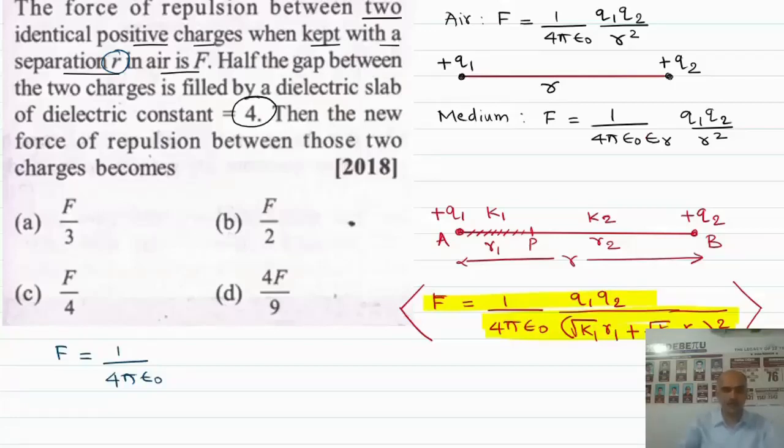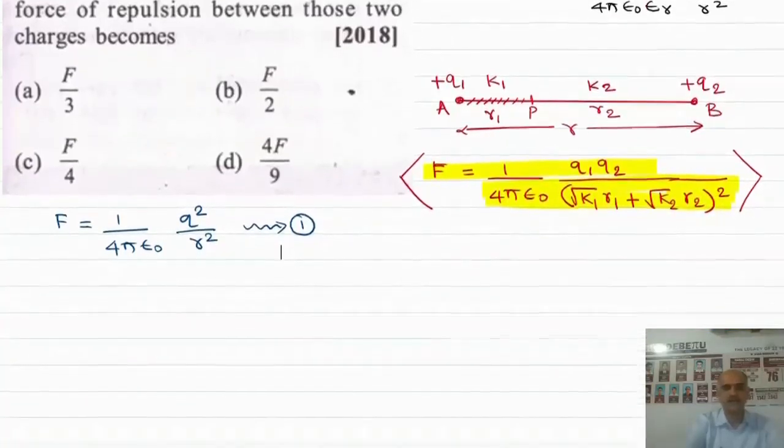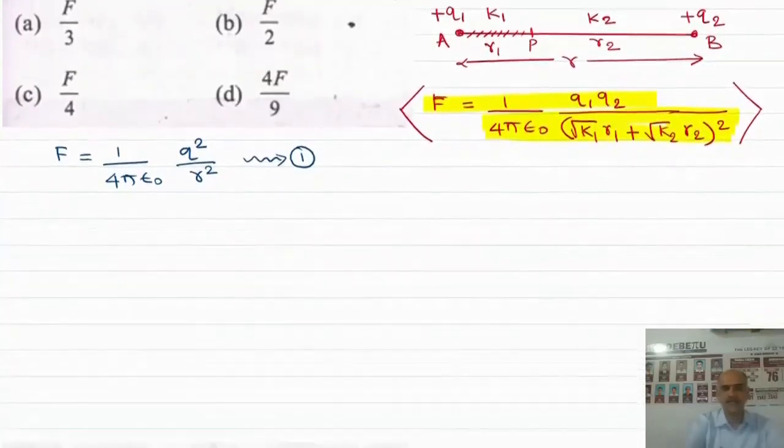Both charges are identical, so q1 into q2 is q square, and the distance is r, so r square. Now he places it in a medium: half is filled with dielectric, half is air.